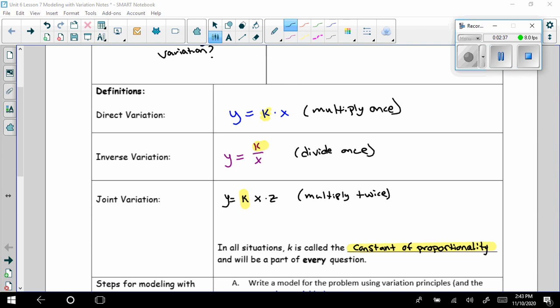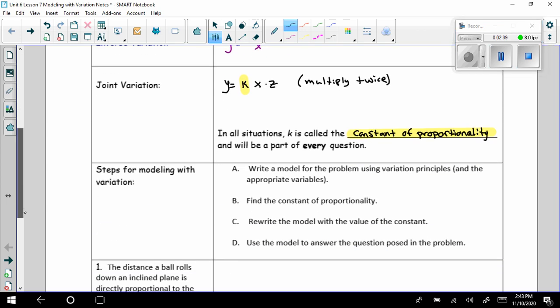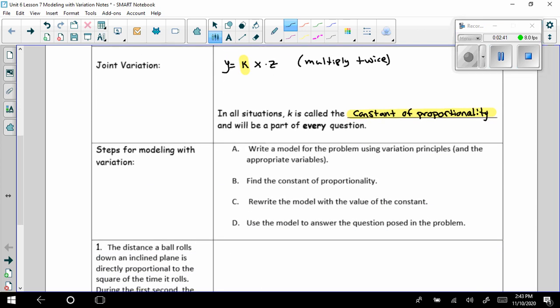Okay. So steps for modeling, you're going to write the model for the problem using variation principles and appropriate variables. Find the constant of proportionality, so essentially solve for k. And then rewrite the model with the value of the constant so that you have an equation.